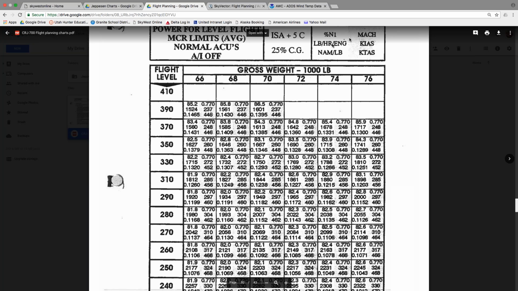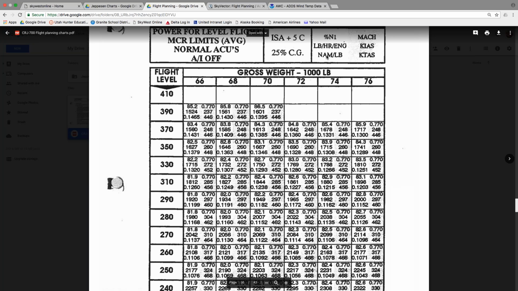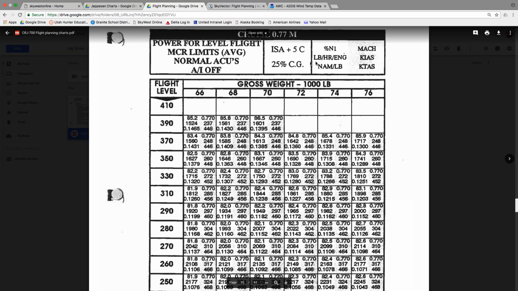If you look up here in this key, this is telling us the information in the box. The first number is our percent of N1. The second number is our pounds per hour per engine, times 2 because we have 2 engines. That's how much fuel we're burning per hour.